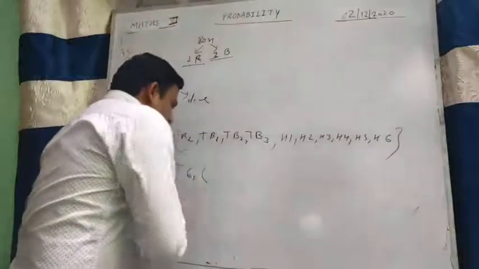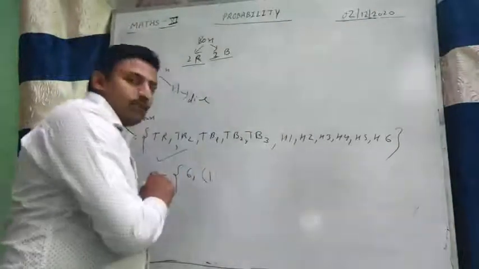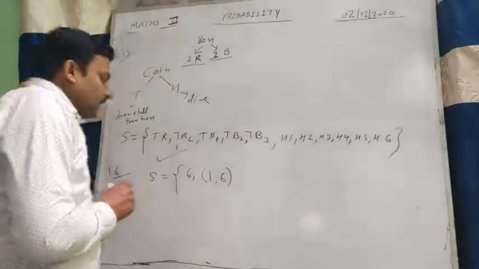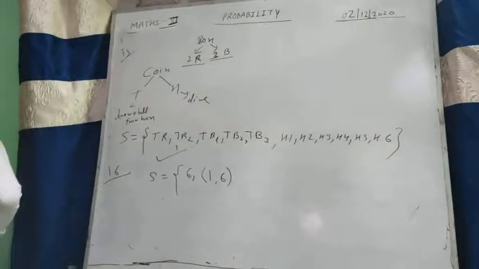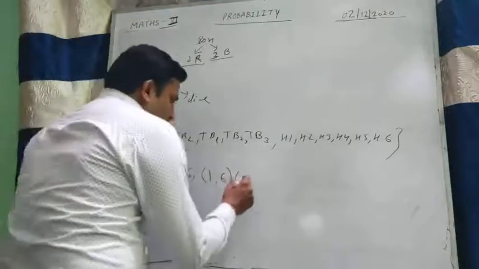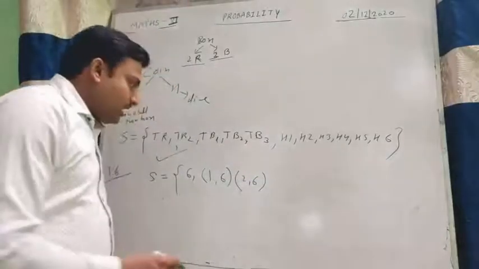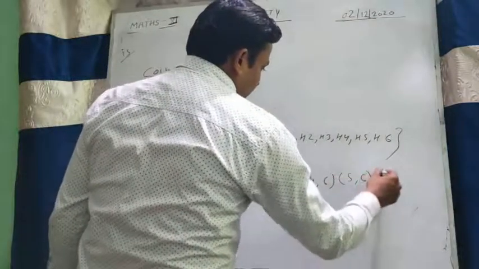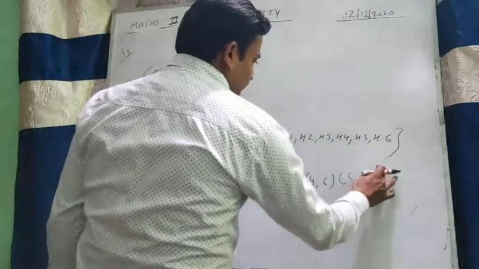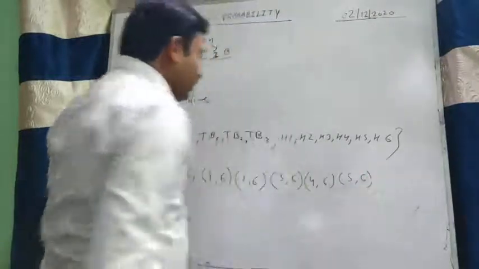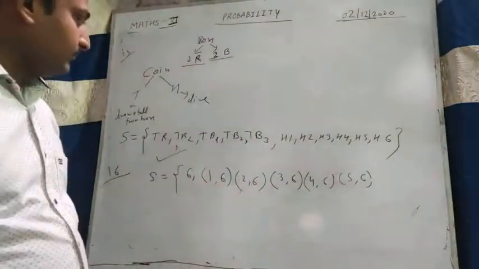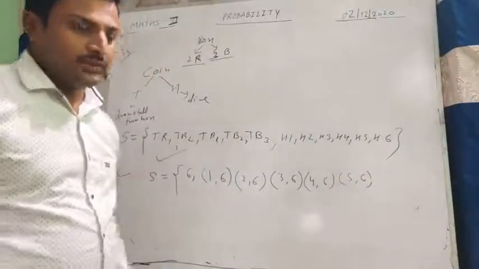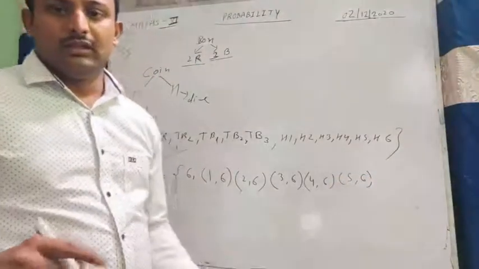When we roll again, the possibility is 1, 6, or 2, 6, or 3, 6, 4, 6, 5, 6. We cannot take 6, 6, because if 6 comes the first time, then we will not roll the die again.